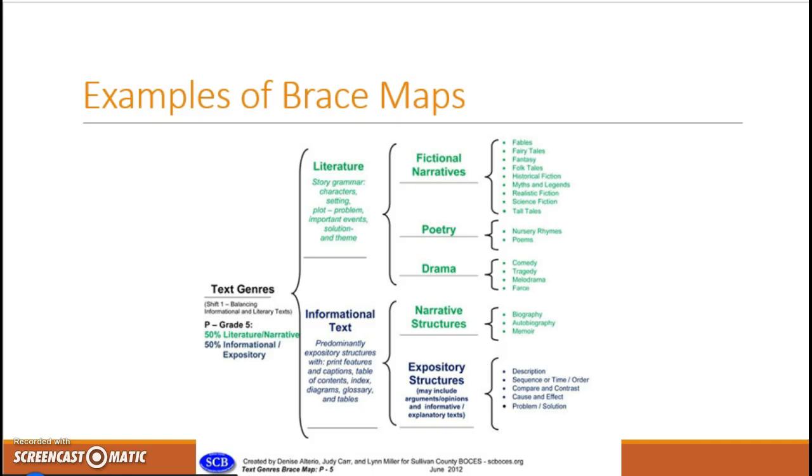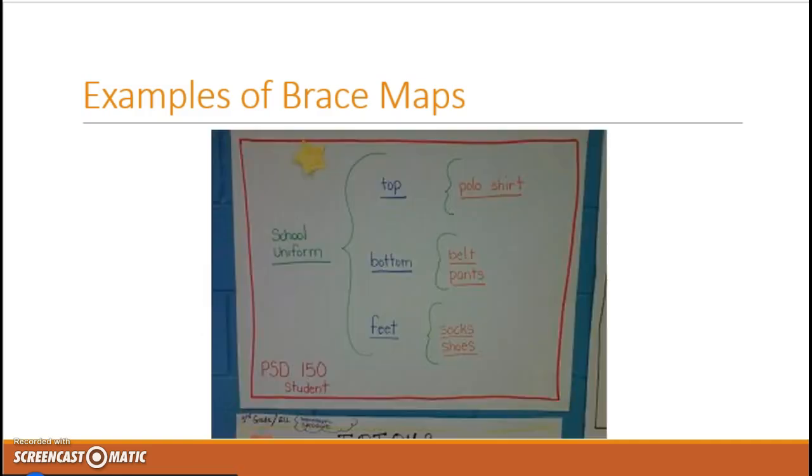And within fictional narratives, you have a large number of specific types of literature. In poetry, though, you have fewer. This is an example of how important it is to break each idea into its component parts and to be truthful or honest with yourself, with the map, in how many pieces there really are, and to reflect those in the Brace map that you create.